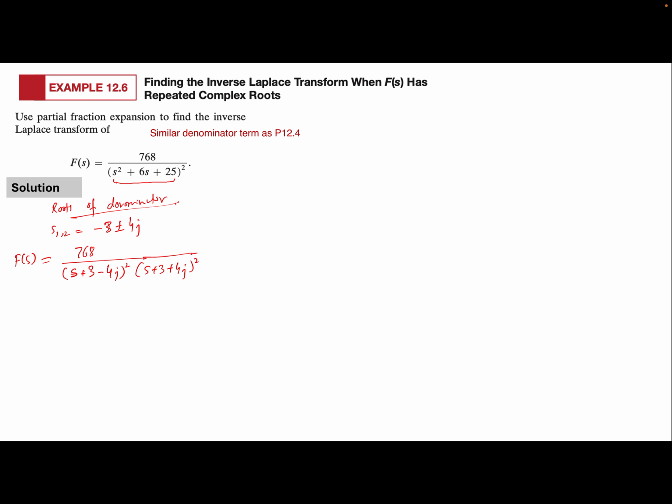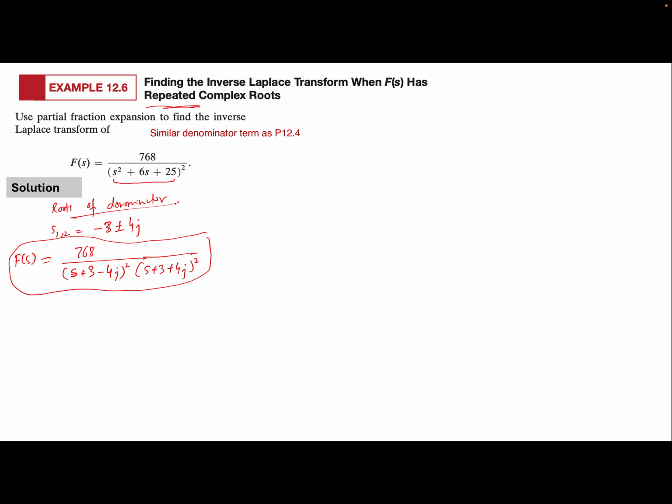Okay, so here is your F of s expression in the form of the roots: s plus 3 minus 4j square and s plus 3 plus 4j square. And again, we have repeated roots. If we have repeated roots, we already saw what to do with them in the previous problem.